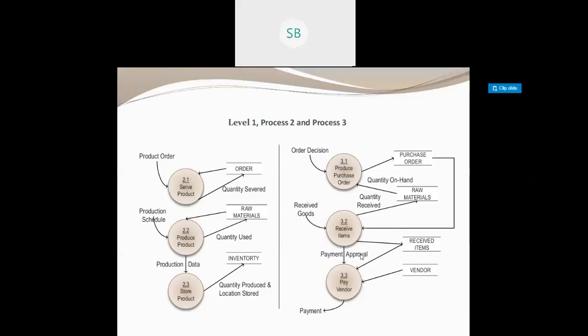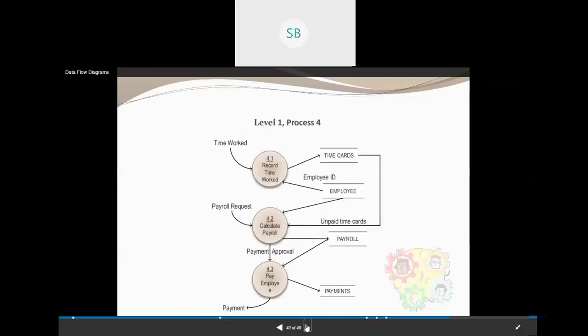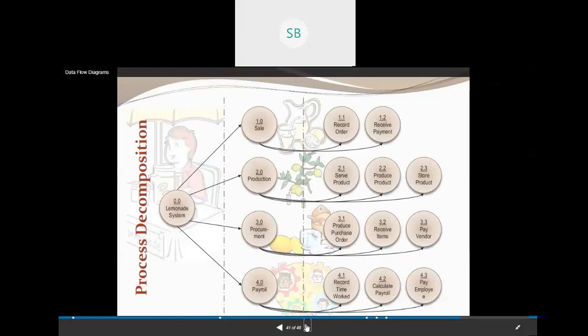So this is level 1. If you want to go for level 2 also, it's possible. Because there are too many processes, for this one I think it's okay. You can just have a look here. So this was level 0, level 1, level 2. The decomposition is here.